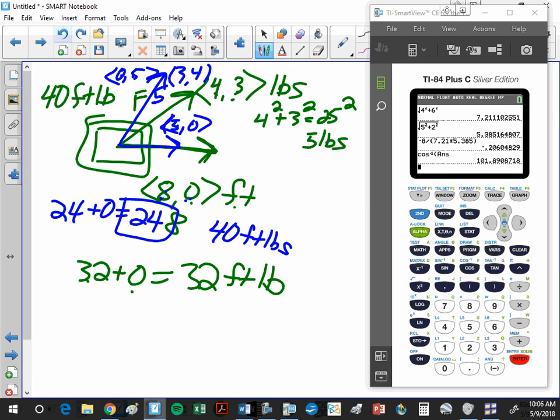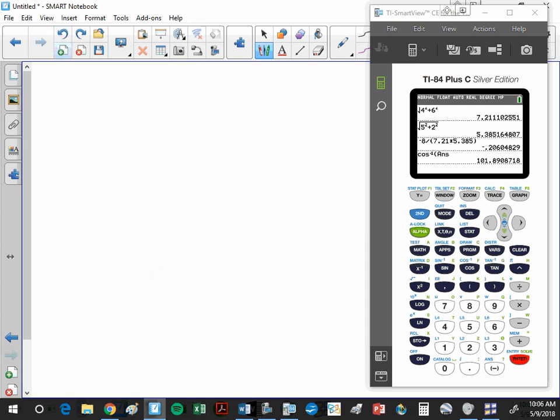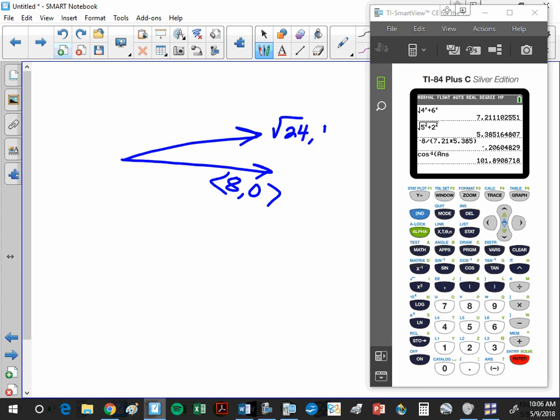What if, let's say I had a comma 1, so a squared plus 1 squared equals 5 squared. So that'd be 25 minus 1, so the square root of 24. So this vector is 8 comma 0, and this vector is the square root of 24 comma 1. When I dot those, what should I get?